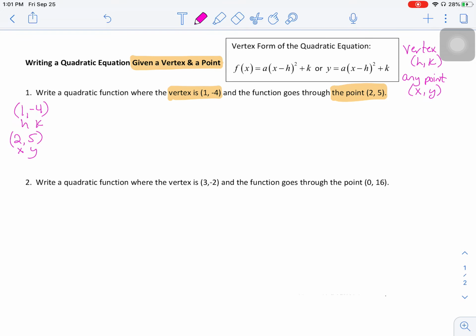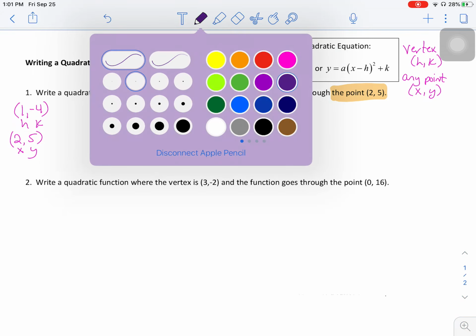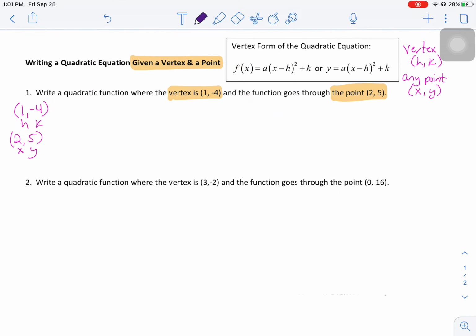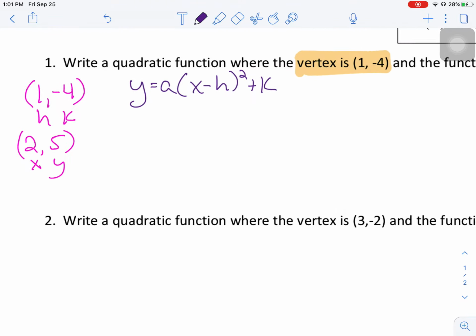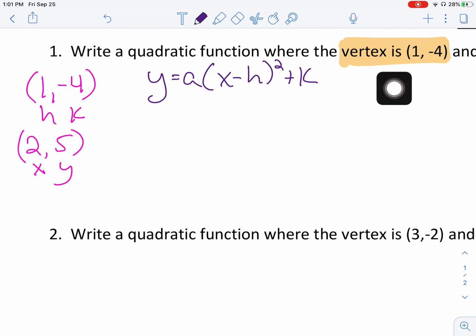Now what I'm going to do is use what I know of the vertex form. Vertex form is y equals a times (x minus h) squared plus k. I'm going to zoom in on that because this function and this information are all I need. I'm going to go through variable by variable. Y is going to get replaced with 5.